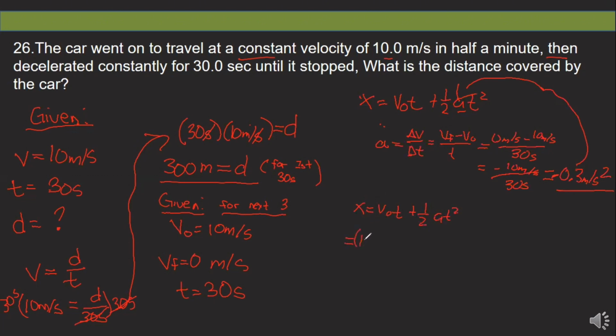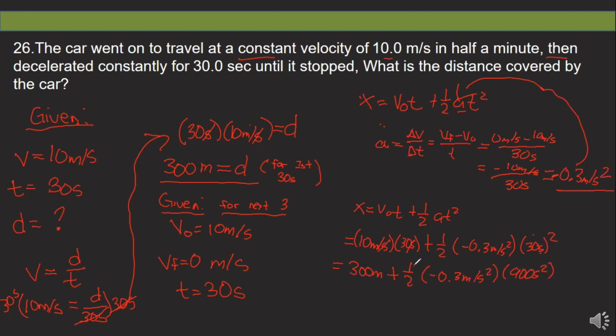The initial velocity is 10 meters per second times the time, 30 seconds, plus 1/2 times the acceleration, negative 0.3 meters per second squared, times the time, 30 seconds, squared. 10 times 30, the seconds cancel, so we have 300 meters plus 1/2 times negative 0.3 meters per second squared times 900 seconds squared.